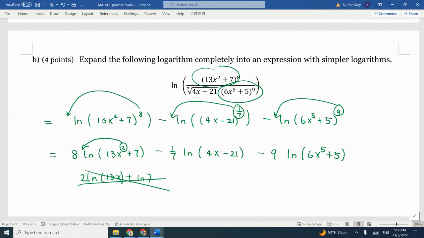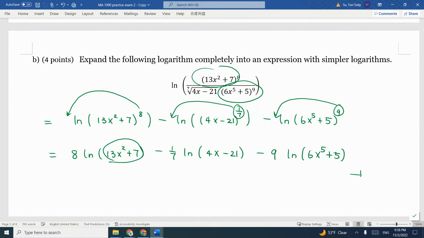Okay, so once you split like that, we're done. No further, because the ln can break the inner products into sums of ln's. It can break the division into subtractions.